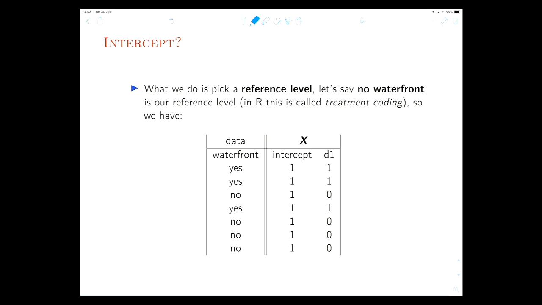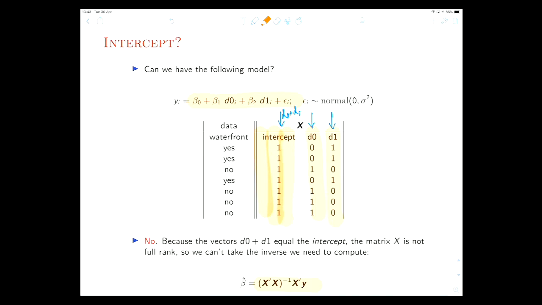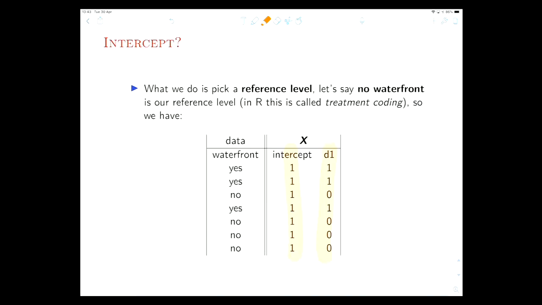So we'll have the intercept term, as we always do, which is something we are used to. And now we only have one other variable, call it D1, exactly that previous D1 variable, to represent the presence of waterfront. This way of thinking about a factor is equivalent to picking what we call a reference level.